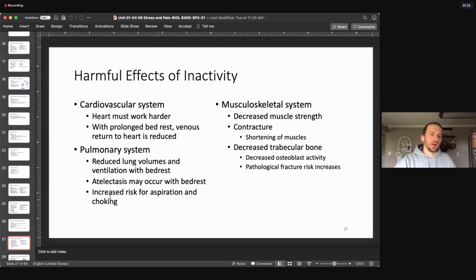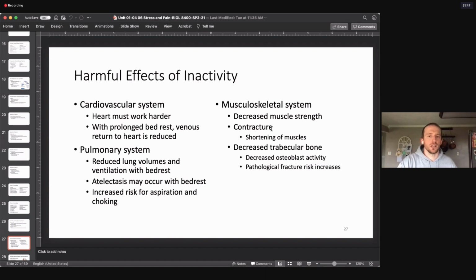And you see that manifest also with the pulmonary system, where lung volumes get reduced, ventilation becomes worse. You are at risk for collapsed lung and aspiration and choking. And then the musculoskeletal effects are a little bit obvious, because if you don't use it, you lose it.